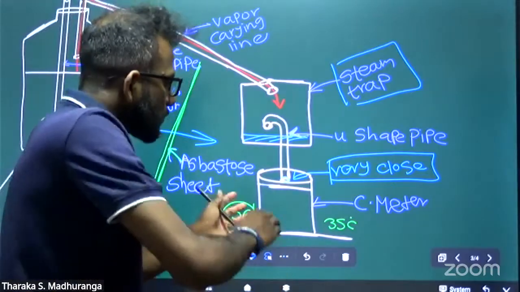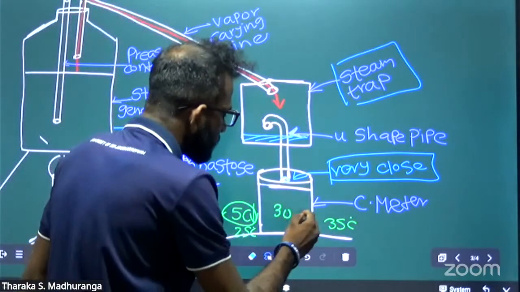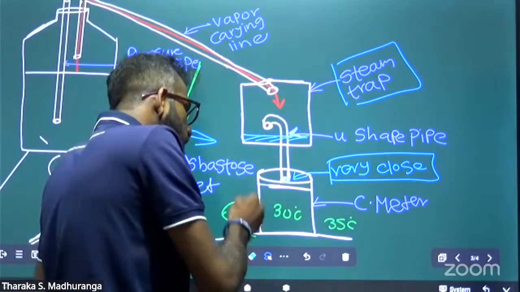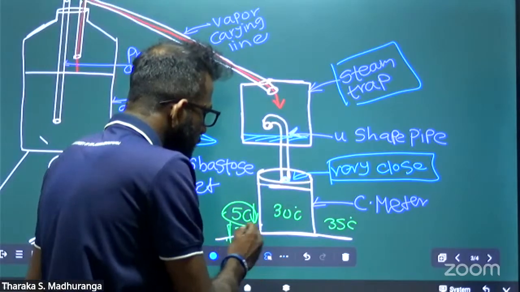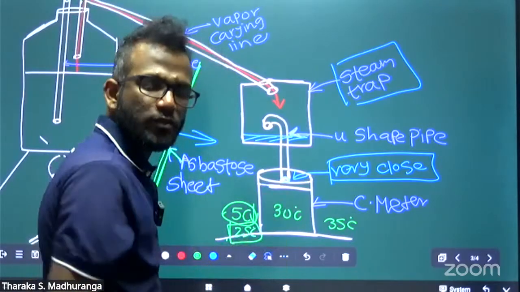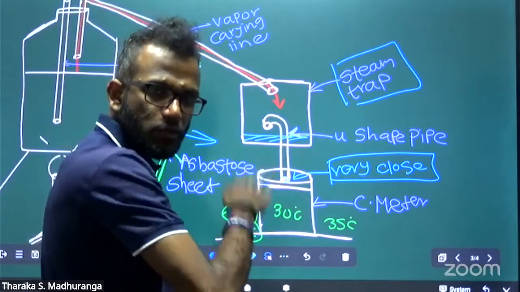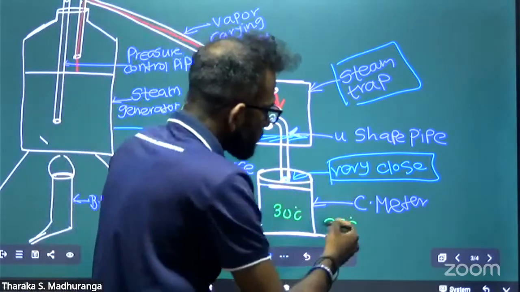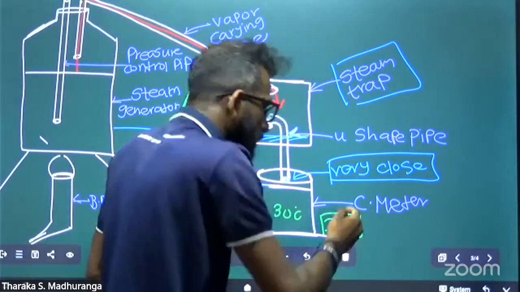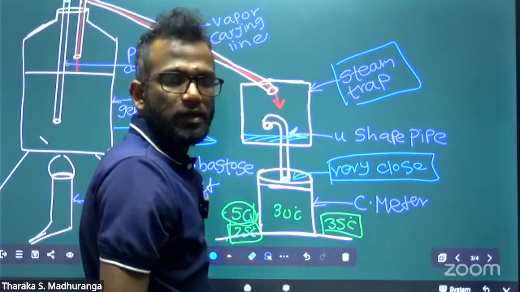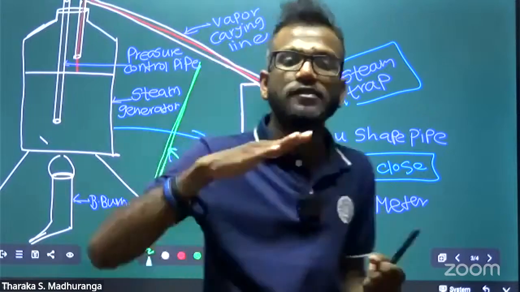Therefore, if 30 Celsius is the room temperature, we can decrease 5 Celsius, so it is 25 Celsius, by using ice or whatever. We can decrease to 25 Celsius and supply vapor up to 35 Celsius.